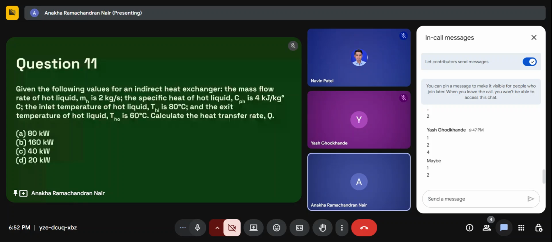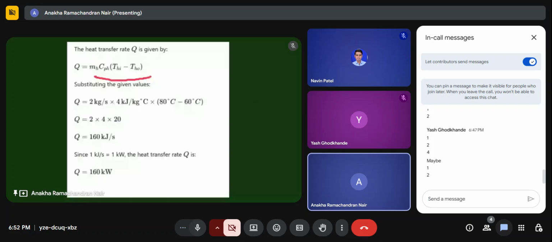So mH, the mass flow rate of the hot liquid, which was 2 kg per second, into CPH, which is the specific heat, into the inlet temperature minus the outlet temperature. If you input the values, you will get an answer of 160 kilojoule per second.